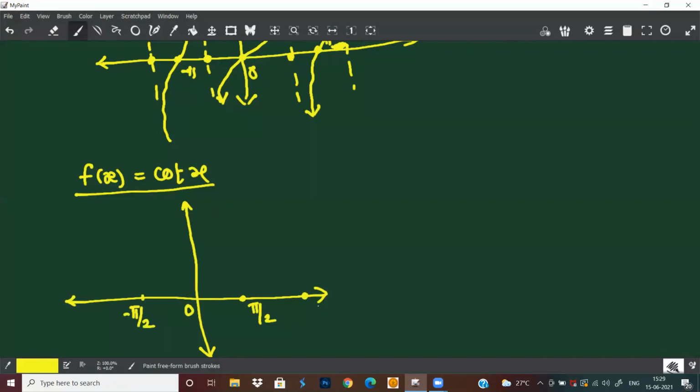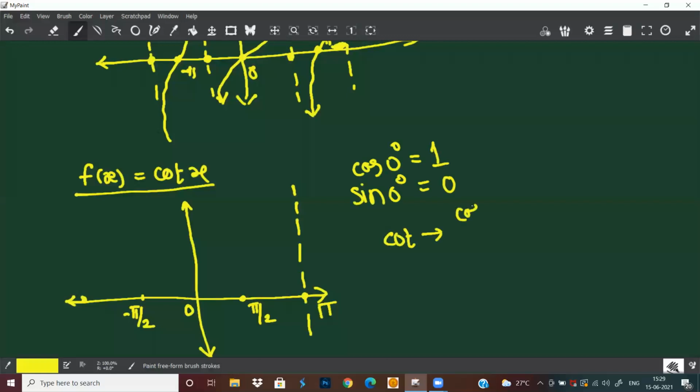Again, this will be infinity at pi. Cos of 0 is 1. Sine of 0 is 0. Correct? So cot becomes cos upon sine.